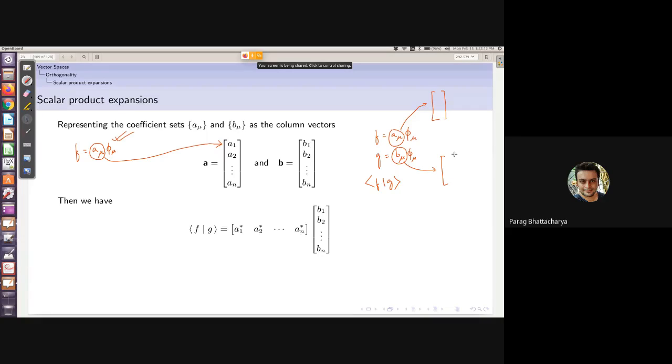But if a column vector represents the first function in the scalar product, then it becomes a row vector, and we also have to put in a conjugation. So that's why a1, a2, and so on go from a column vector to a row vector, and all of them become conjugates. That's how we get this.